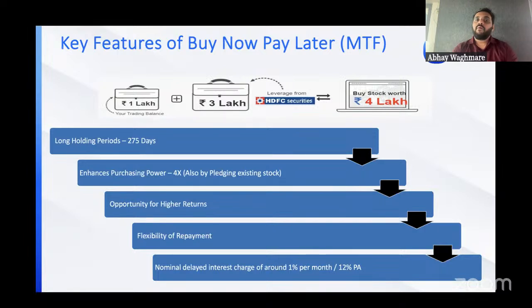But in those 2 months, the stock has given you 20% return, which means you have already earned 80,000. अब 80,000 में से आपका 6,000 गया, सो आपका बचा 74,000. आपका MTF यूज करने के बाद भी you are earning 74% on 1 lakh rupees, which is a very big profit.